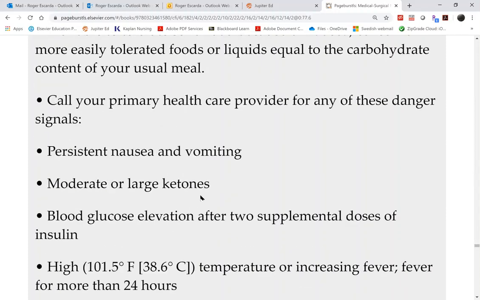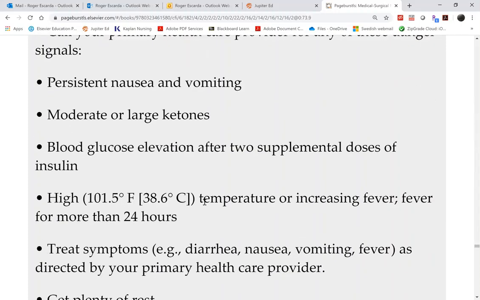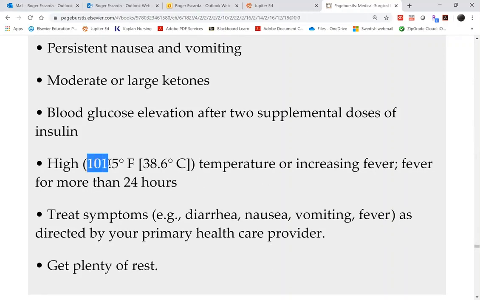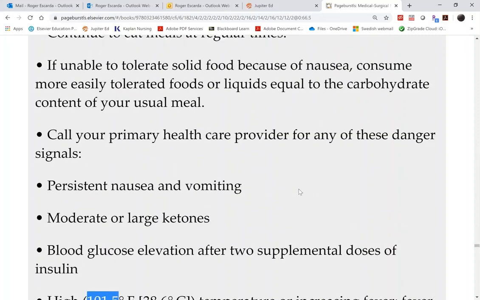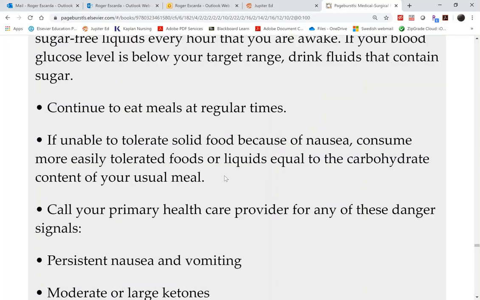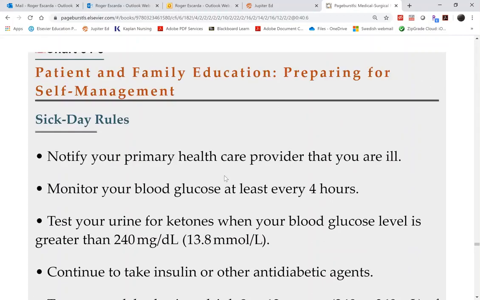However, if your ketones in the urine are now large or moderate, and you're already technically sick, okay, so you have a high fever, then you cannot be managed at home anymore. So it's time to call your physician, okay, and most likely he'll tell you to go to the ER already.